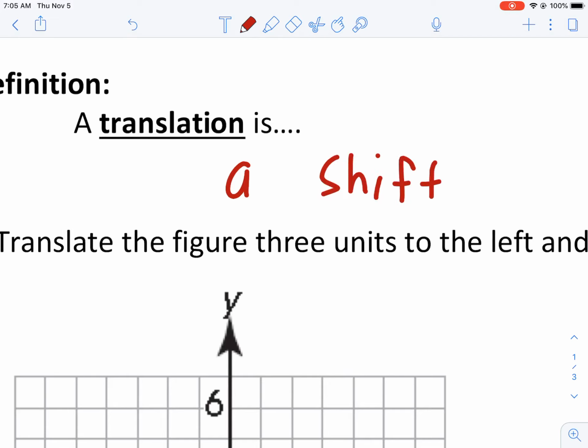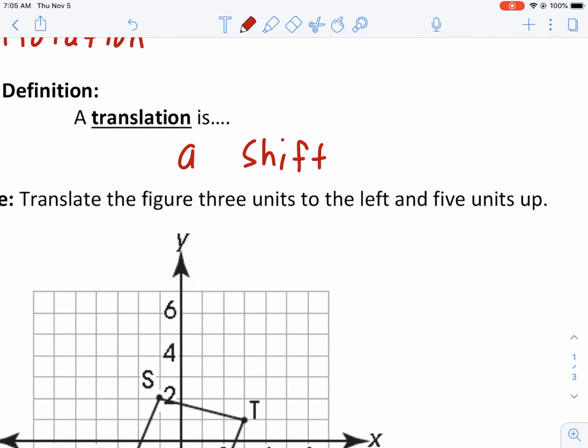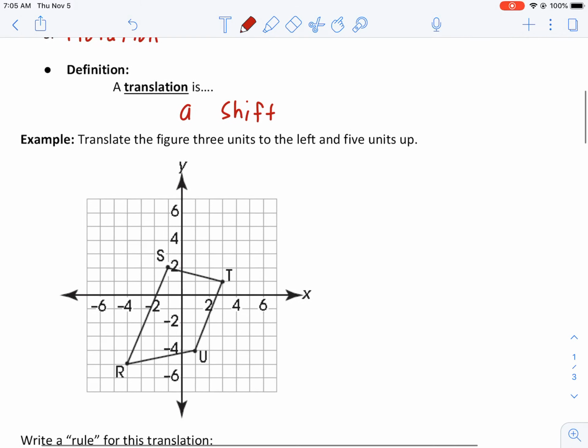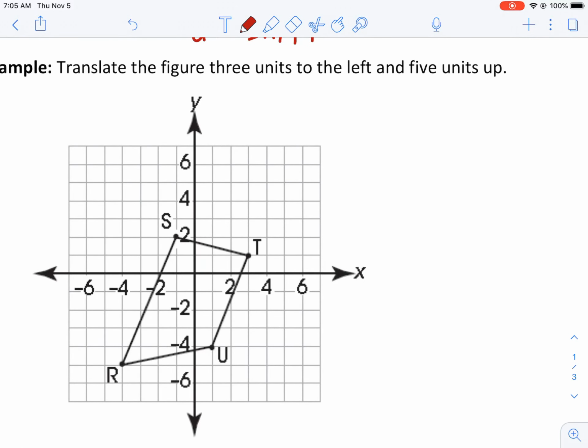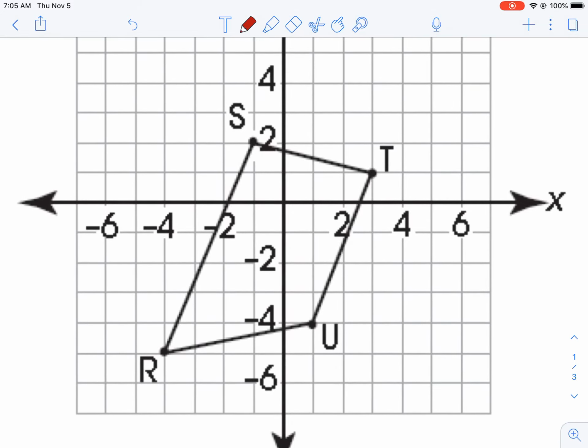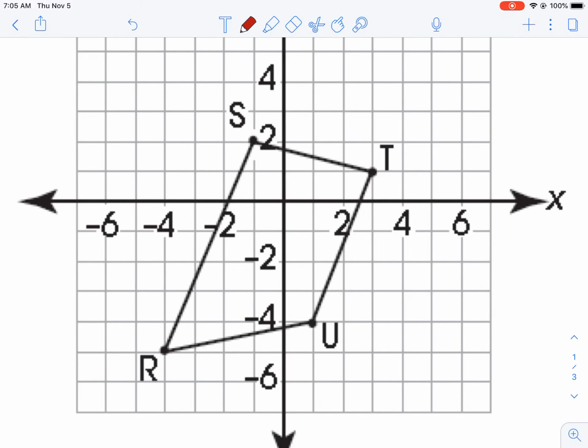You're just moving it around. Okay. So for example, all right, we have a shape here. We want to translate the figure 3 units to the left and 5 units up. Okay, 3 units to the left and 5 units up. And literally the way that you're going to do this is you're just going to count.